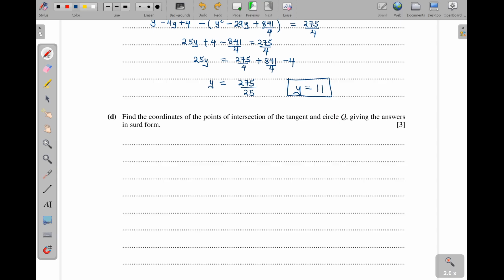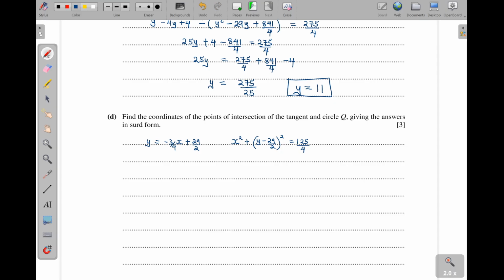Now, the equation of the tangent, we got y is equal to negative 3 over 4 of x, then plus the 29 over 2. The equation of the circle Q is x squared, then plus y minus 29 over 2, and then squared, is equal to 125 over 4.